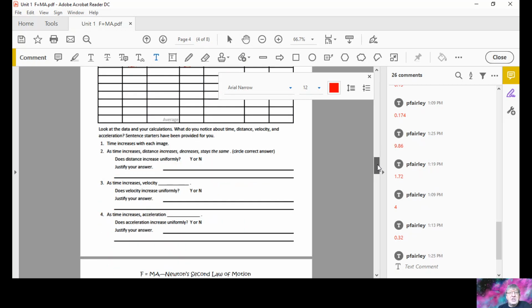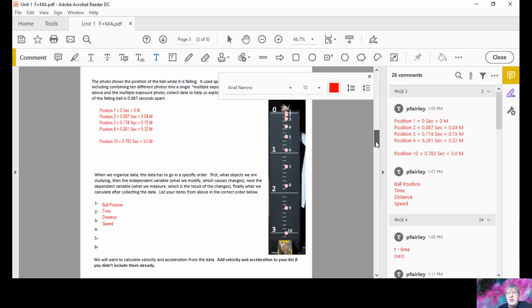Then when you finish that, I would like you to answer these questions. Actually, there's not 4 questions. There's statement number 1, time increases with each image. We're talking about the photo of the ball.